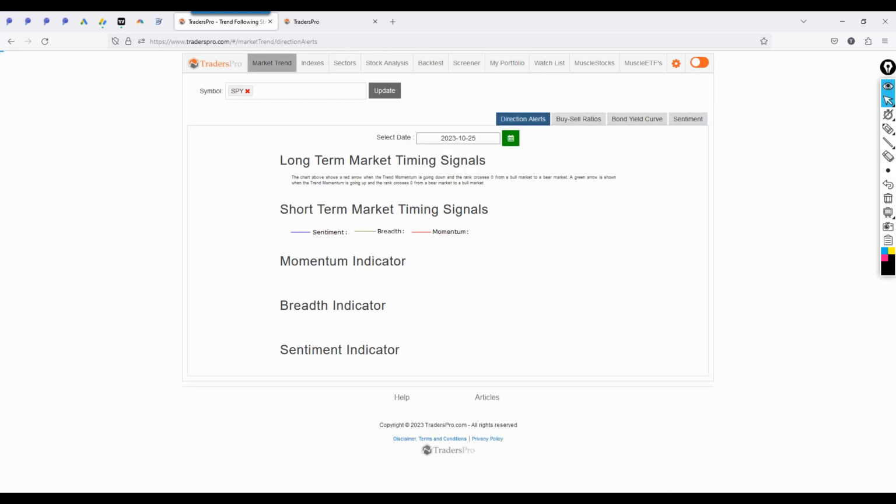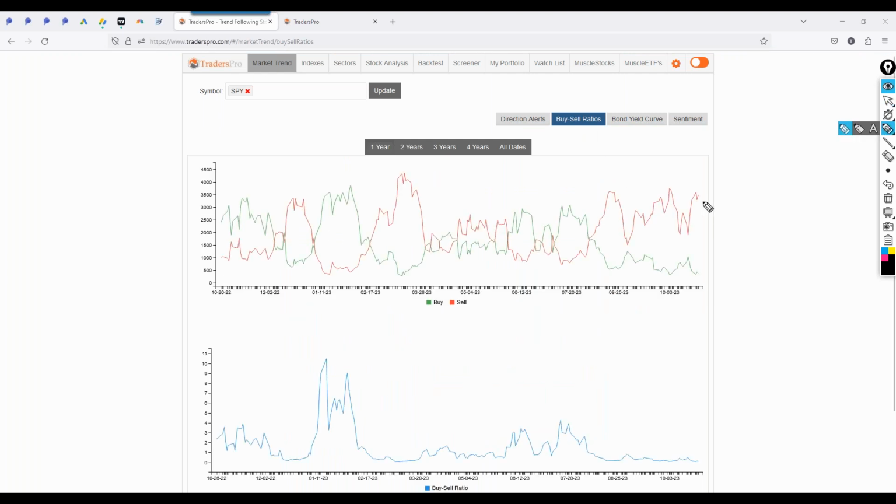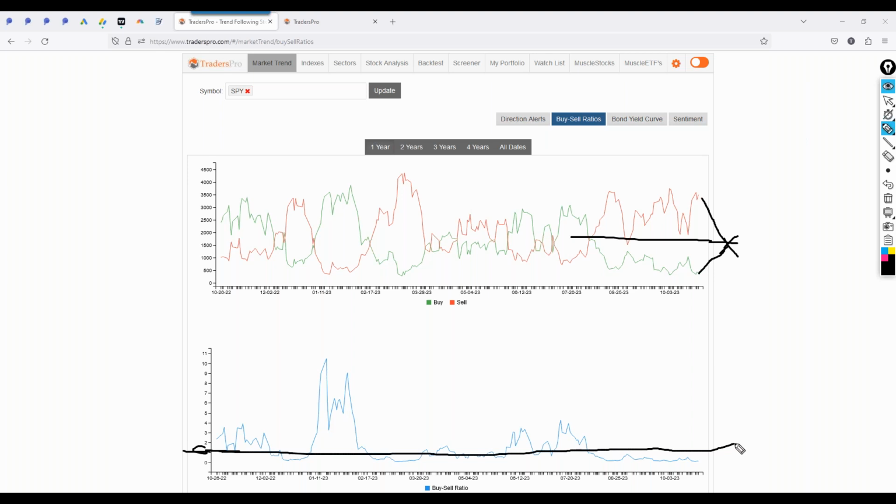As we move buy sell ratios back to bullish, let's say that this starts to move back here and we get a move that starts to look something like this, and it's starting to become bullish, and then we get a crossover. Remember what that crossover is doing. That crossover right here is now taking our buy sell ratio back up above 1. Anytime it's above 1, it looks like this.